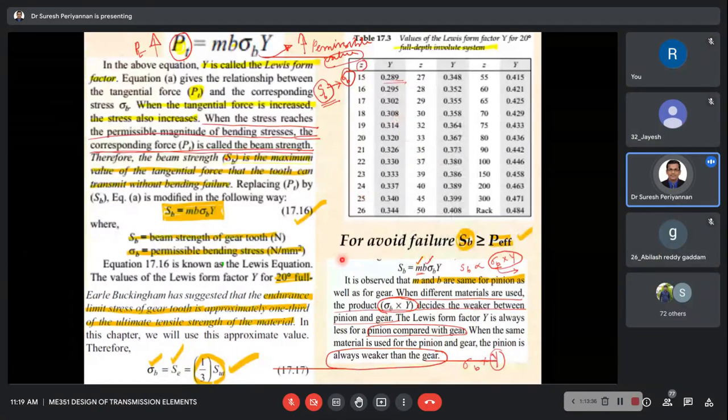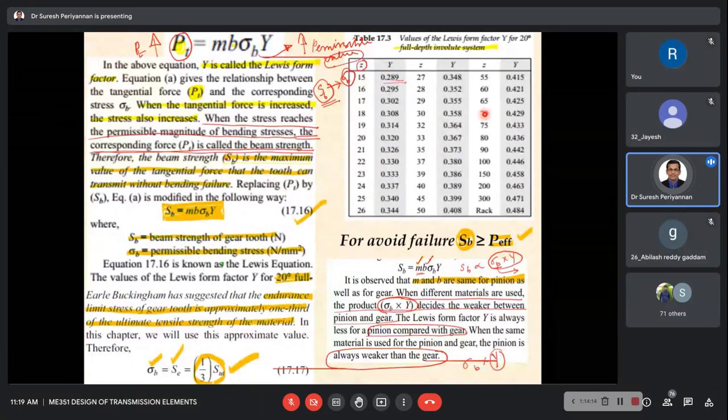Suppose the gear is bigger than the pinion, say 24 teeth; then the Lewis factor is higher than for the 18-teeth pinion. Hence, even with the same material, the Lewis factor is less for the pinion and more for the gear, so the pinion strength is less than the gear strength. Hence, the pinion is weaker than the gear.